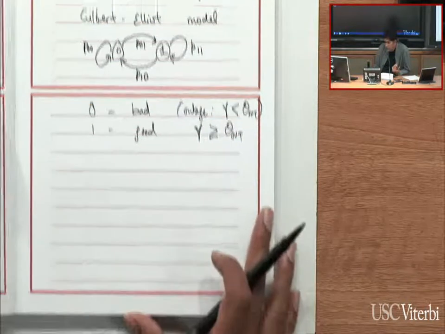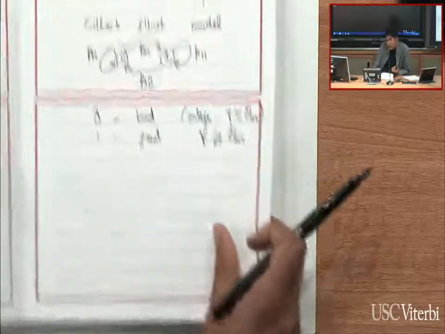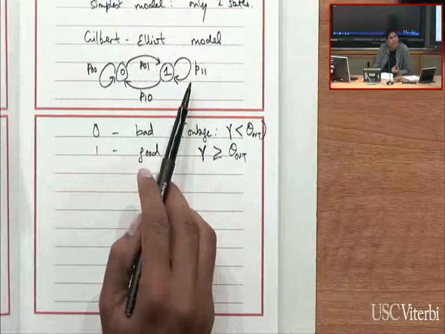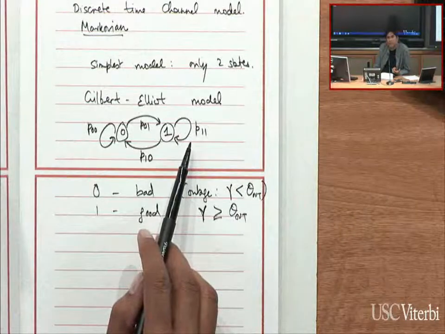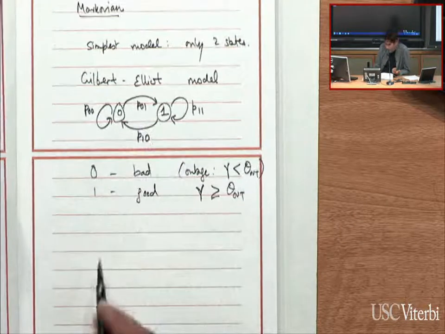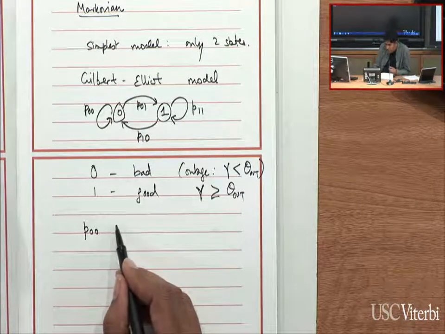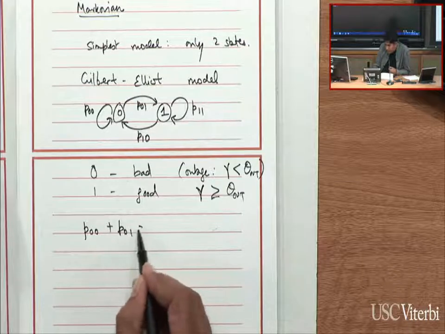So let's think about that for a second. First of all, can I choose all four numbers arbitrarily? No. What is the constraint they must satisfy? They have to add up to 1 going out of any given state. So first of all, there's already a constraint that P00 plus P01 must equal 1.